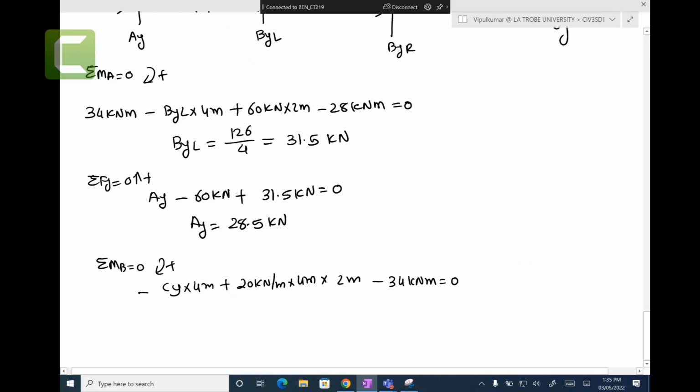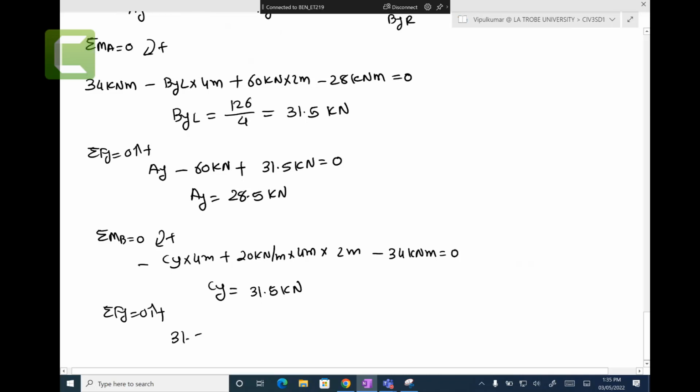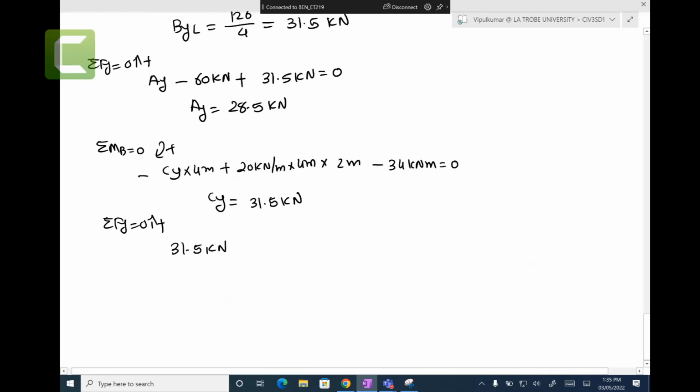So CY equal to 31.5 kilonewtons. Sum of the forces in the y direction, upward is positive: 31.5 kilonewtons going up, BYR is going up, plus 80 kilonewtons coming down, equal to 0.